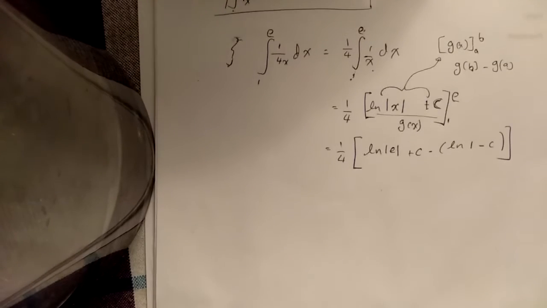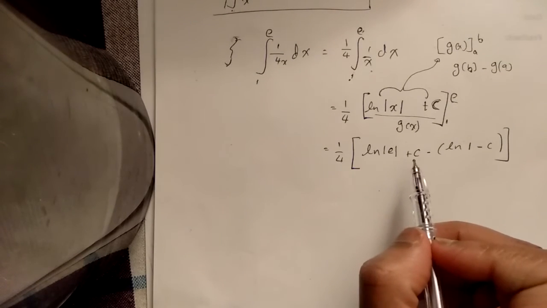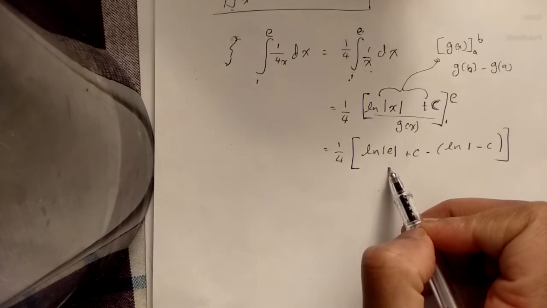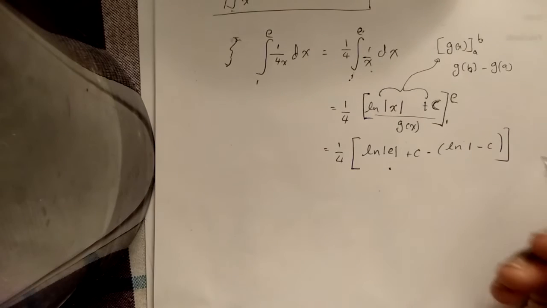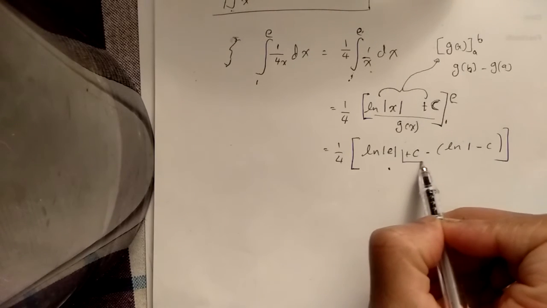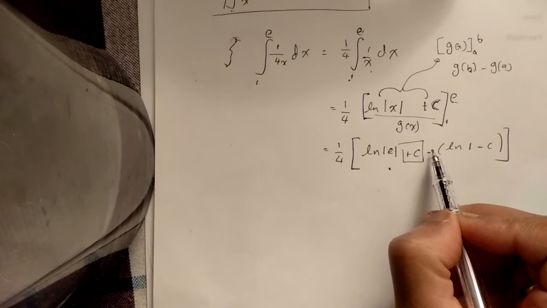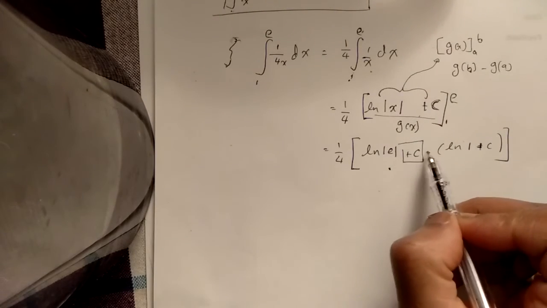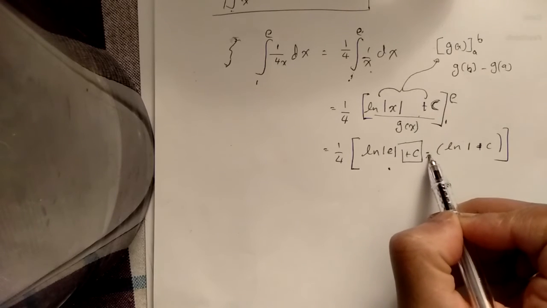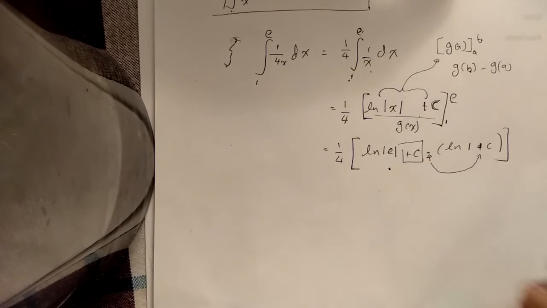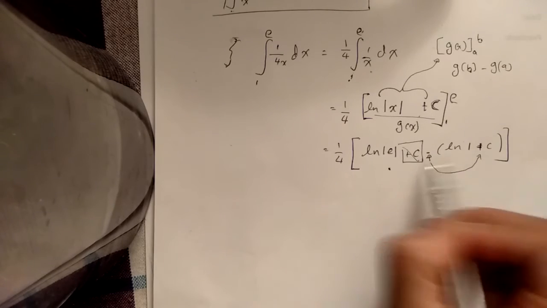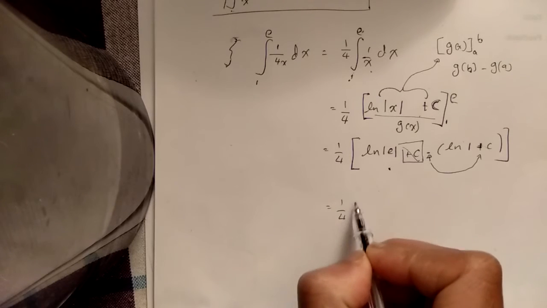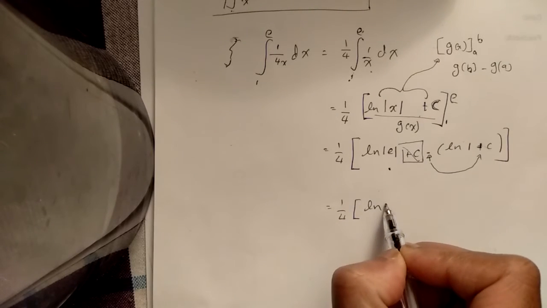Now there's an important thing that you should observe. When we are evaluating definite integrals, you will definitely come across this situation. Here you have plus c, and along with this negative sign, this becomes negative c. That means plus c and negative c will get cancelled out, and you remain with this one.